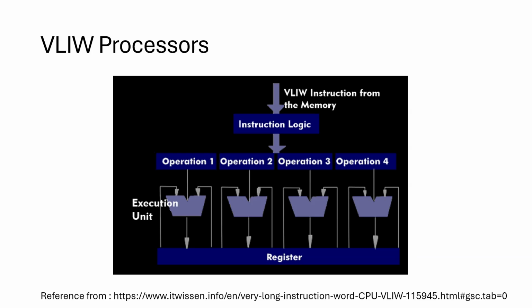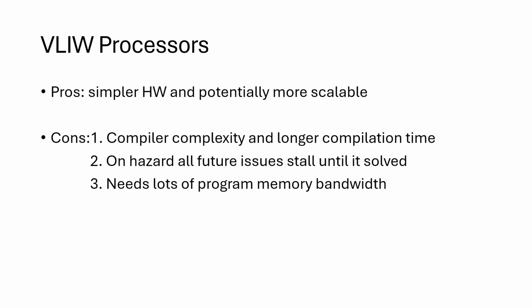The number of execution units determines the number of operands of the VLIW instruction, and which operations of an instruction are processed in parallel is determined by the compiler. In the VLIW architecture, an instruction logic loads the VLIW instruction from memory in one cycle and passes it to the execution units. So VLIW makes the hardware very simple, but makes the compiler very, very complex.